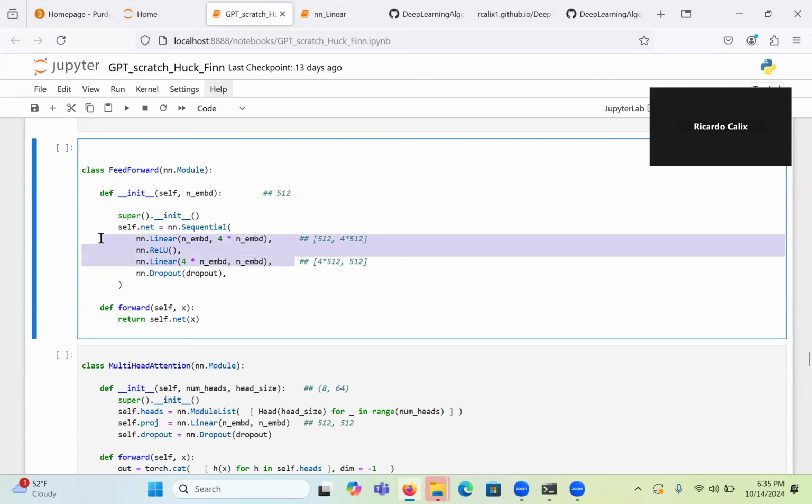Basically, I get a tensor n by 40 by 512. And what happens to it? What is 512 times 4? That should be 2048. All right. So then n by 40 by 512 becomes n by 40 by 2048.